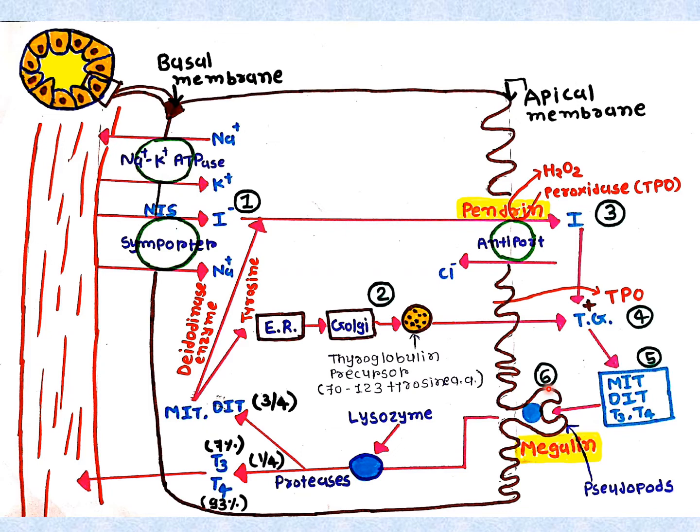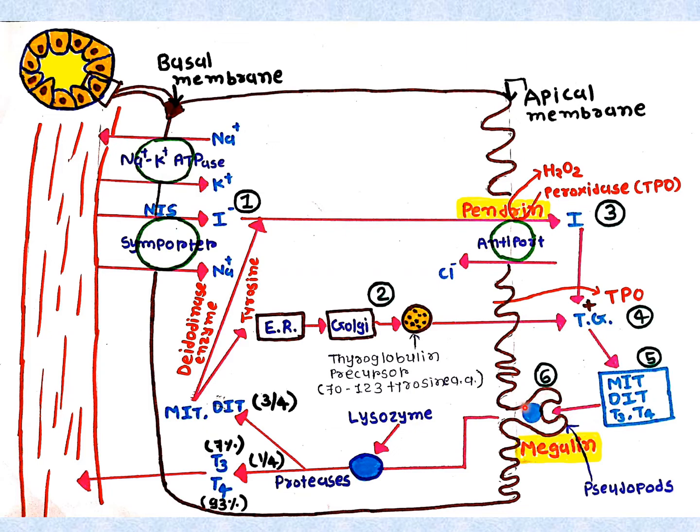Now thyroglobulin is not released in the blood, but instead there is a cleavage of the thyroglobulin and release of T3 and T4 in the blood. So the apical surface of the thyrocyte, or this thyroid follicular cell, sends out some pseudopods, just like phagocytosis. So these are the pseudopods.